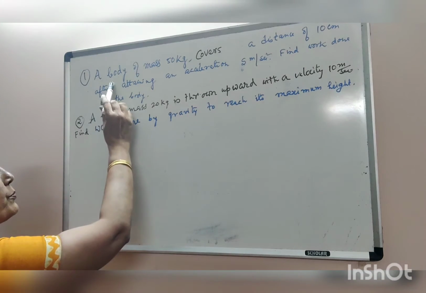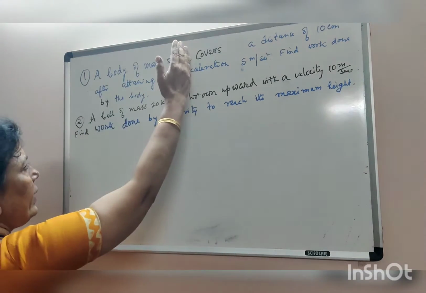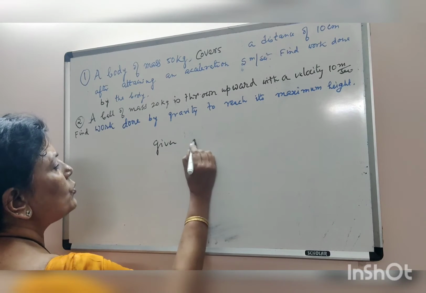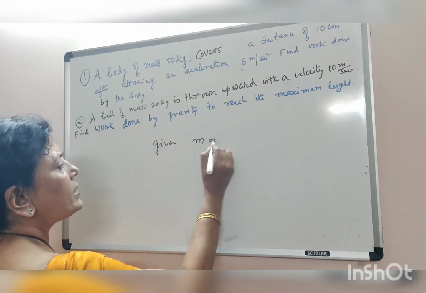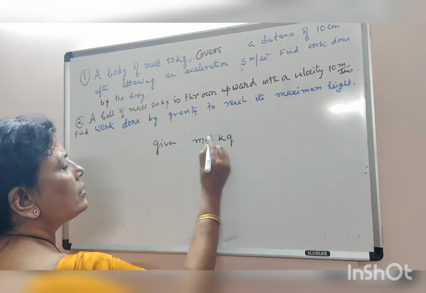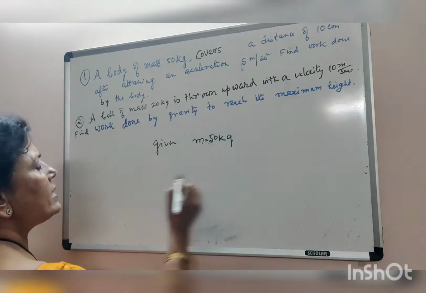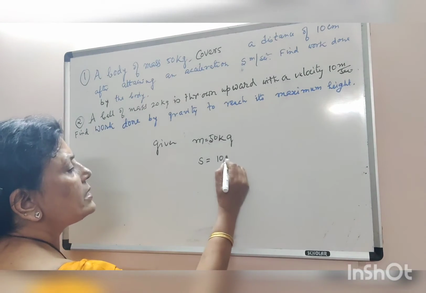Let us consider the first problem: a body of mass 50 kg. When I read up to this, we have to write given: mass is represented by m, so you have to write m is equal to 50 kg. What is then written? Covers a distance of 10 centimeter. Distance is denoted by s. S is equal to 10 centimeter.